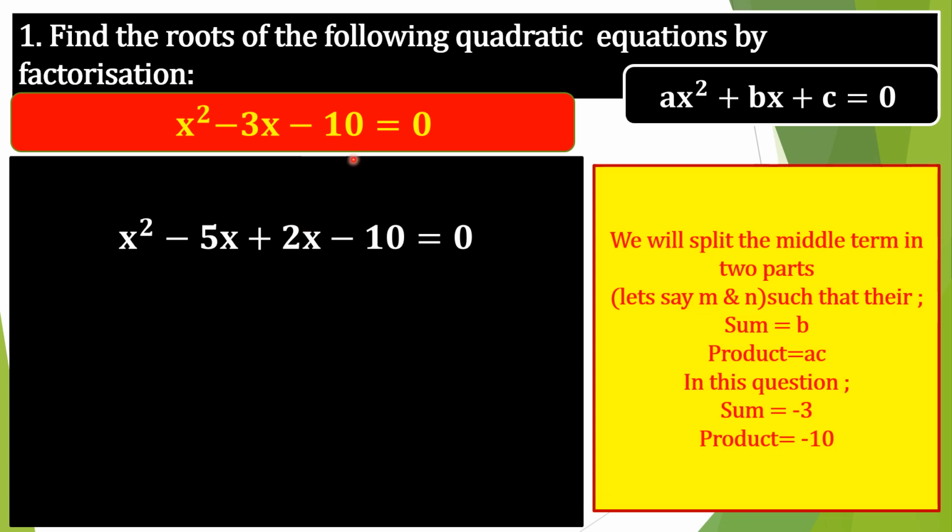Okay, two factorizations are possible. 1 and 10 can never give us 3 in any way. 2 and 5 will give us 3, and we need negative 3, so minus 5x plus 2x. Minus 5 plus 2 is minus 3, right? Minus 5 into 2 is minus 10. So this is satisfied. So this is the splitting of the middle term.